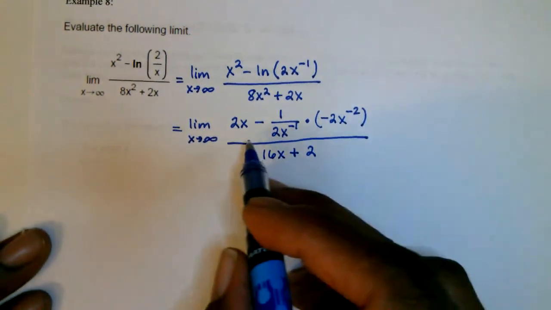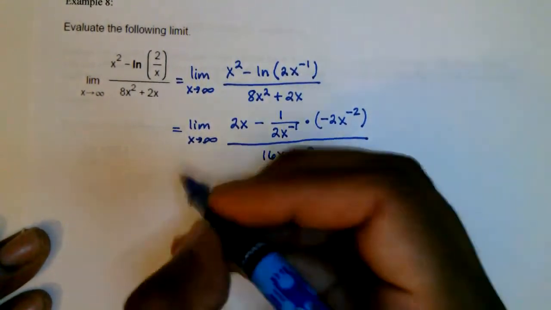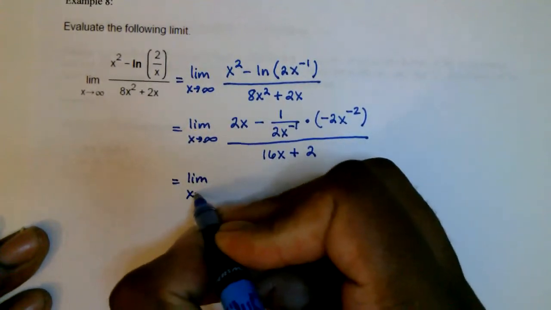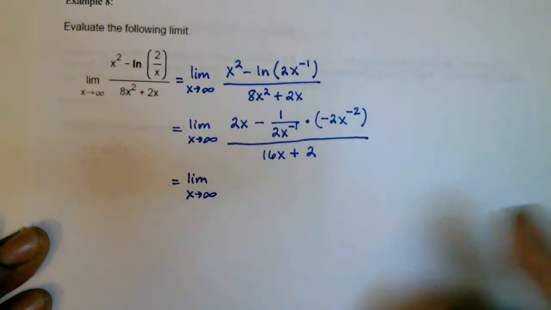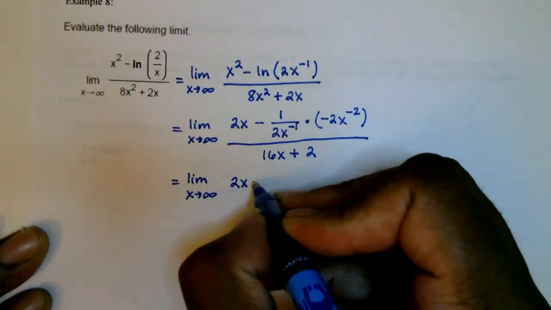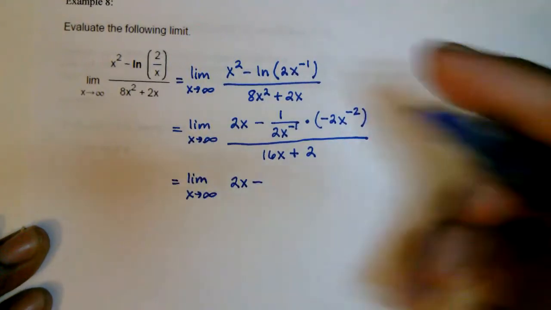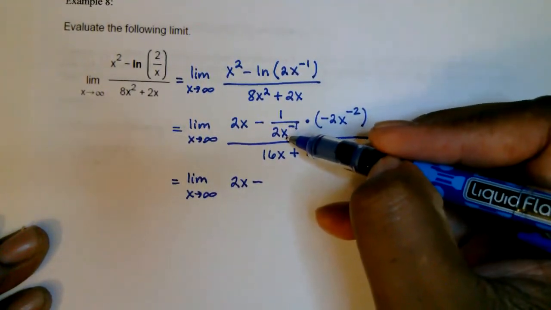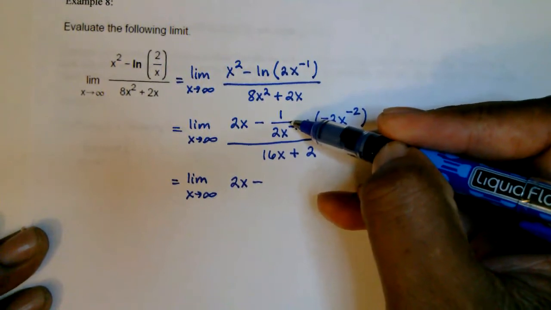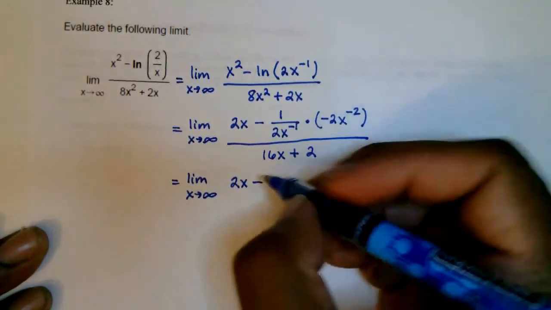Okay, now I'll need to clean up this numerator here. So on the next line would be the limit as x approaches infinity of 2x minus. Now, if I take that x to the negative 1 out of the denominator, that's going to change to a positive x to the 1 power.